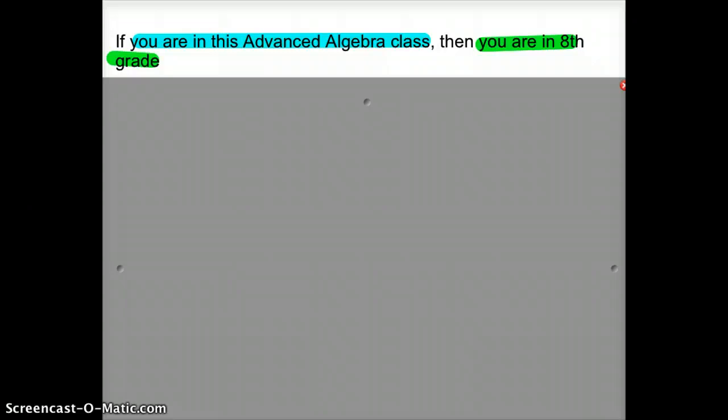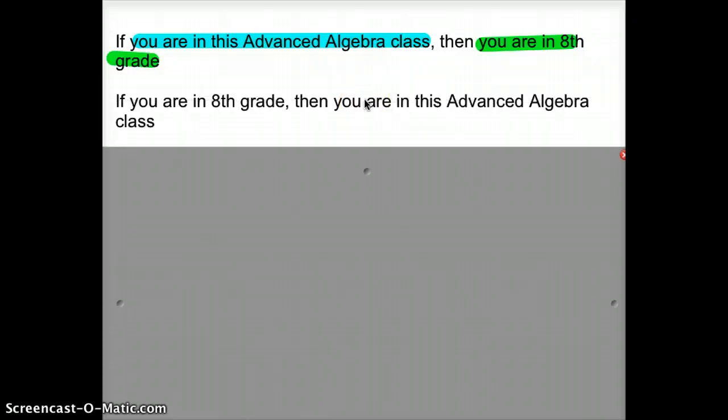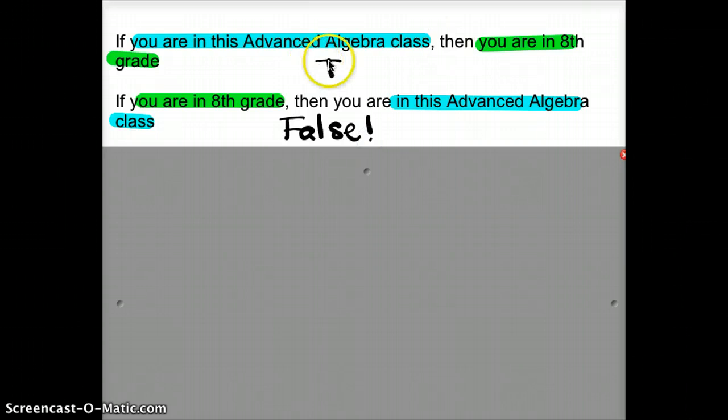Okay, the converse, we're switching them. So it says, if you are in 8th grade, that was my conclusion, then you are in this advanced algebra class. Okay, if you know much about our school system, that is definitely a false statement. Okay, so this is false. So originally I came with a true statement, and its converse was false.